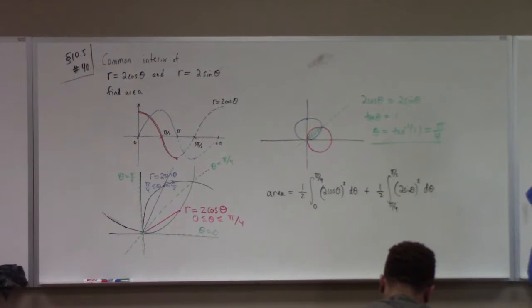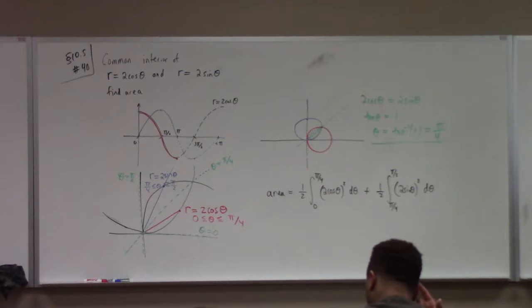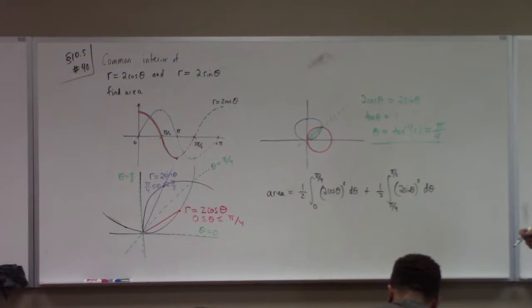If you go from pi over 4 to 0, though, doesn't that include part of the 2 cosine theta circle that is not interior? Have I misidentified which one I'm on? Oh, you're right. I think I have it exactly backwards.